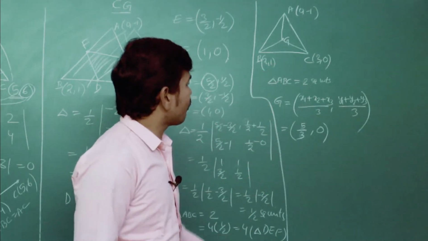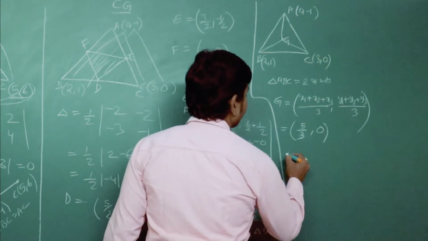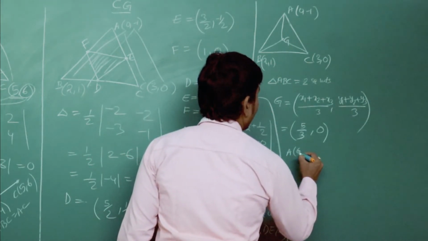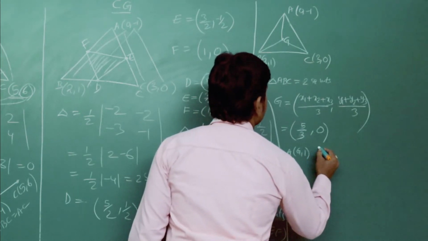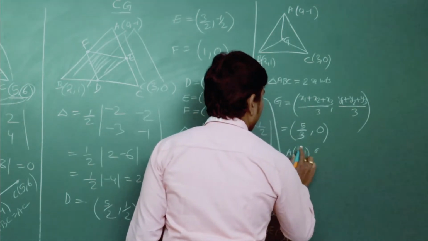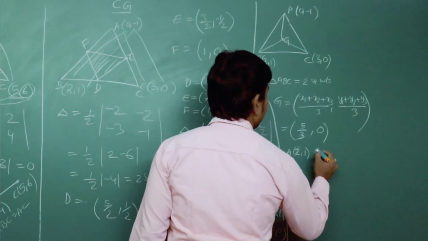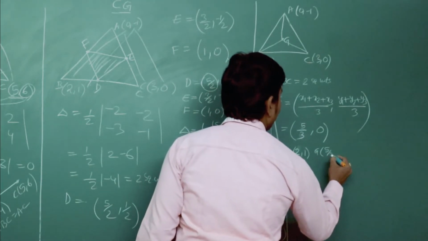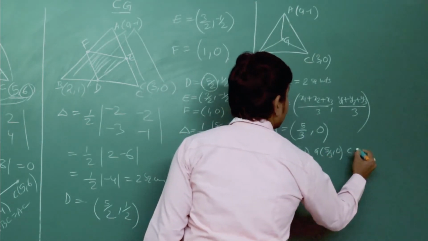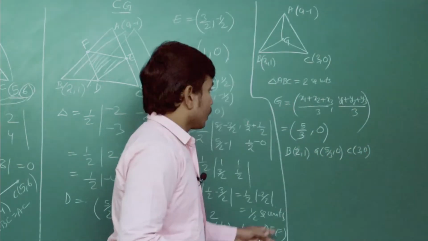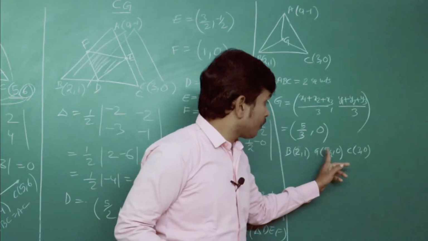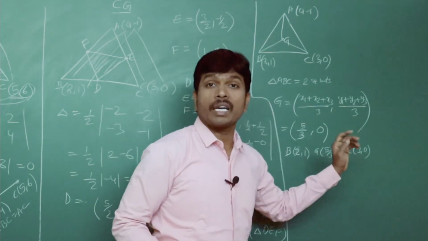Now you have the 3 vertices. What are those? B 2 comma 1, G 5 by 3 comma 0, and C 3 comma 0.